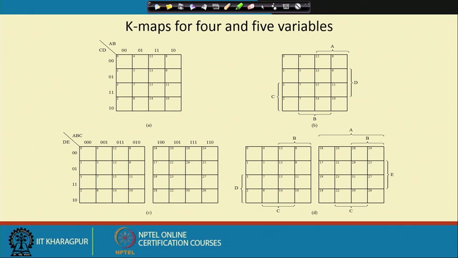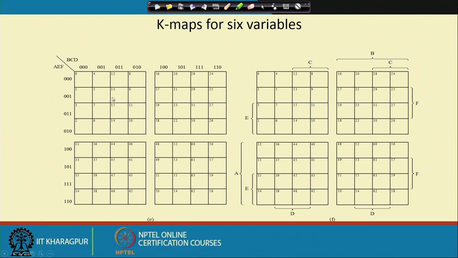This way we can go for 5 variable maps. Though they are not a single map, we can go in this way, or you can also visualize it as if this is 3D, one stacked over the other. Up to 4 variables the map remains 2D, but when you go to 5 variables, the map becomes 3D. So, you have to expand in another direction, the vertical direction.